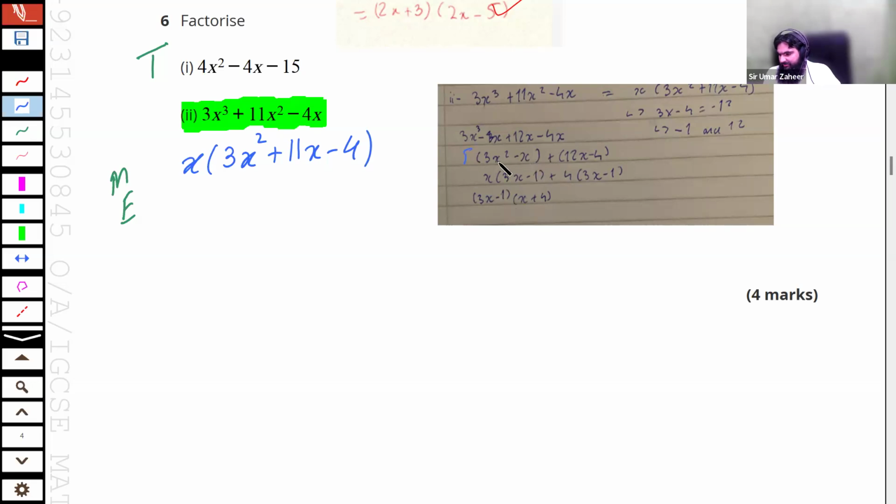Minus x plus x, there is still x outside, right? We have to take x as common. It will be 3x minus 1 plus 4 is common, 3x minus 1. There is still x outside. You forgot to write it.